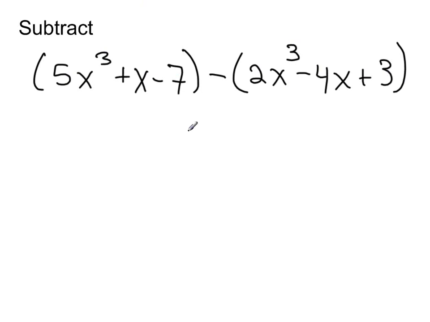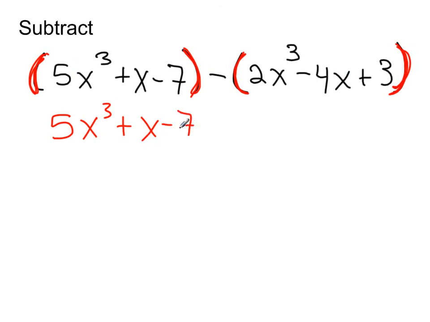So we do the same thing that we did in addition, where we are concerned about these parentheses. They usually have a reason to be there. Here they're to exaggerate our two polynomials that we're subtracting. The first polynomial, there's no exponents, there's nothing out in the front. The parentheses aren't important, so just go ahead and drop them. They were just there to exaggerate this polynomial.